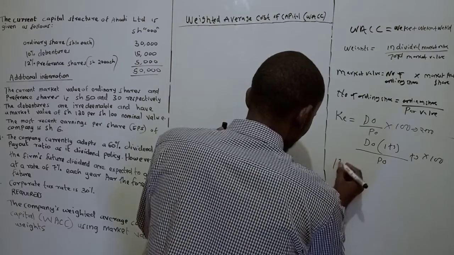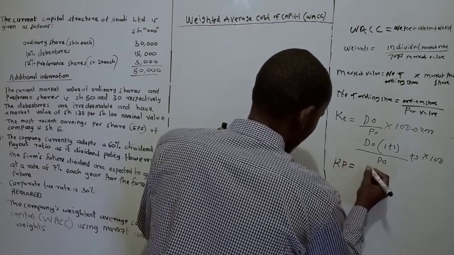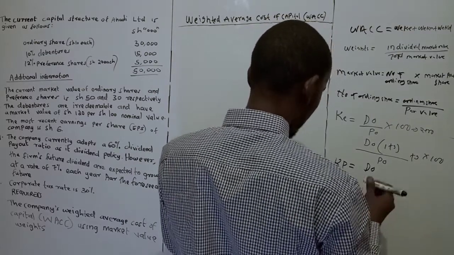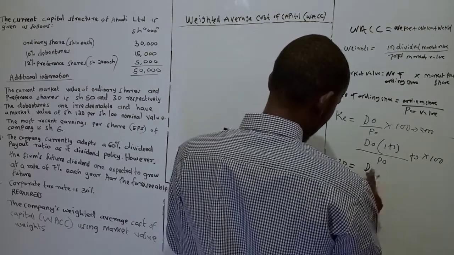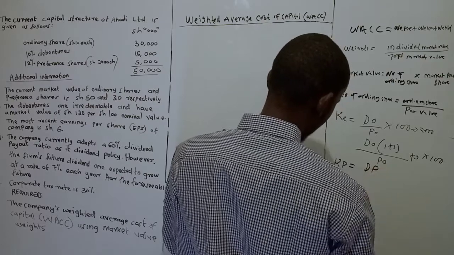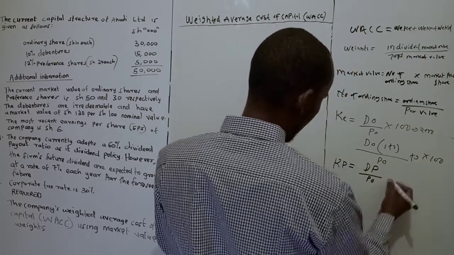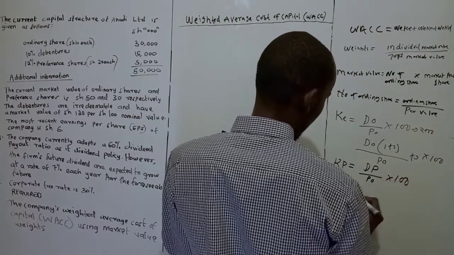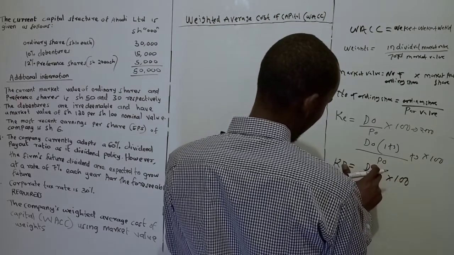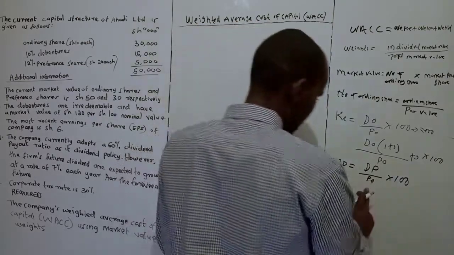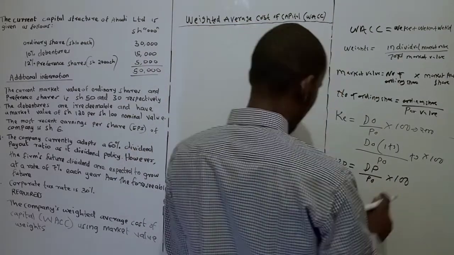Then for us to get the cost of preference, we take the dividend per preference share, DP, then we divide by the market price per preference share, then multiply by 100. The dividend per preference share over the market price per preference share, then multiply by 100.